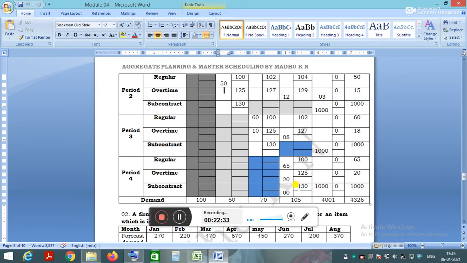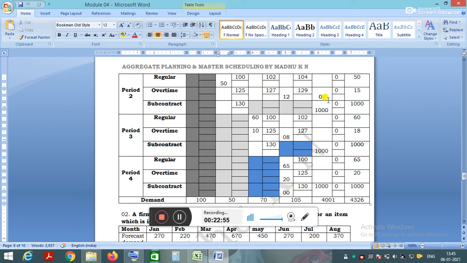Instead of subcontracting, we produce 12 products as overtime in period 2 and store them for period 4, which costs 129 rupees per unit. Therefore 65 plus 20 plus 12 plus 8 is 105.